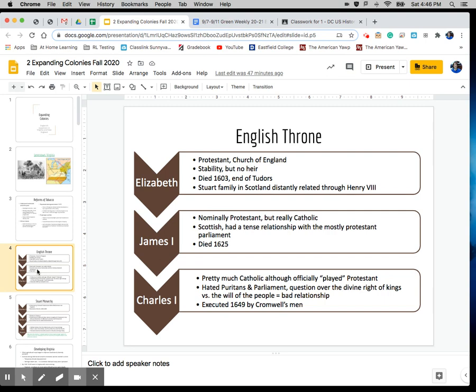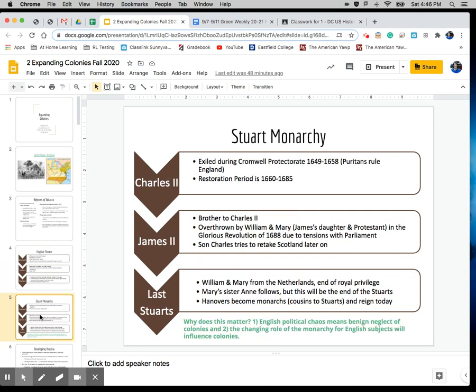And so Cromwell manages to hold on to power. But once he dies, nobody wants his son. Basically the parliamentarians go, oh, well, yeah, about that. And so they reach out to the Stuarts and have what they call the Restoration, right? And so the Restoration period is going to happen with Charles II. And so Charles II is going to come in.